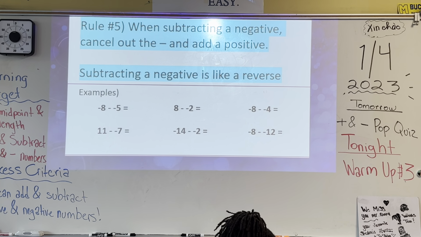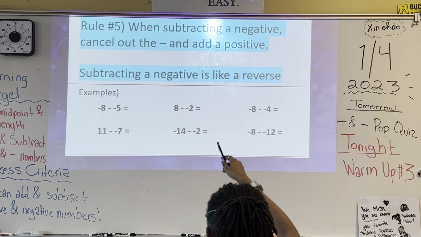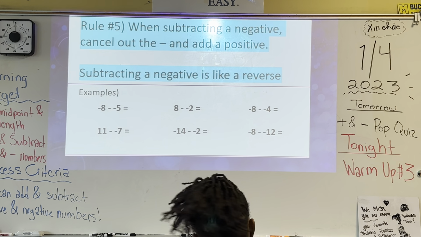Subtracting a negative is like reverse. That bottom part is a part of Rule 5, highlighted in blue.